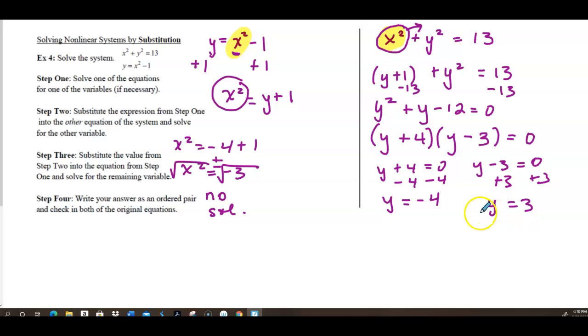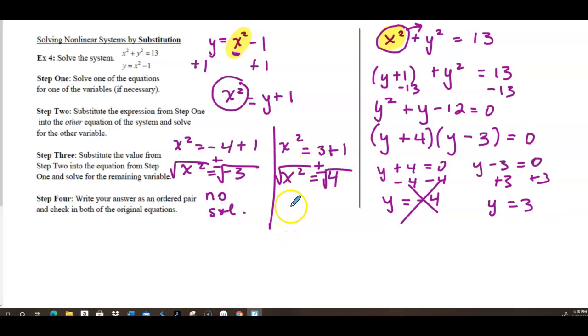So the negative 4 is no good. Let's try the other one. So I have x squared equals, I'm going to plug in a 3 for y, plus 1. This is going to turn out beautifully. When I square root, don't forget the plus or minus, x is equal to plus or minus 2.